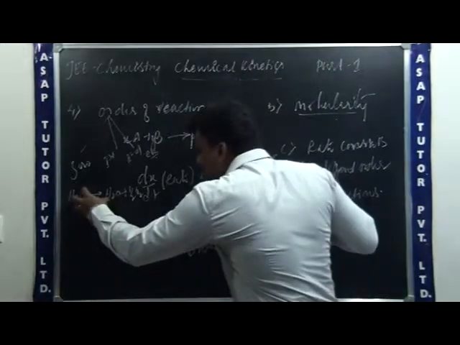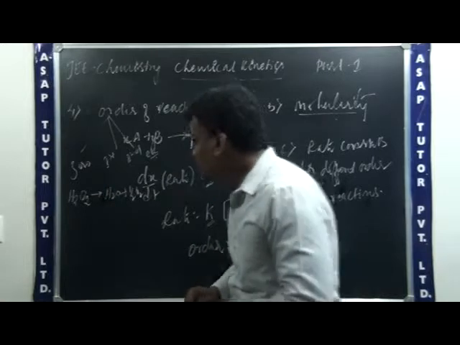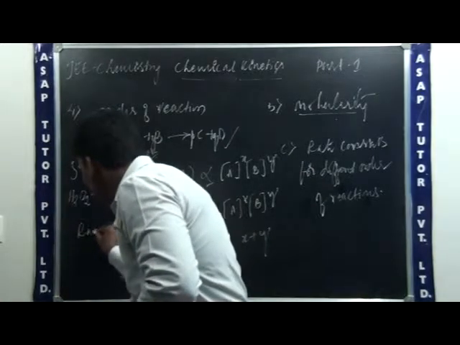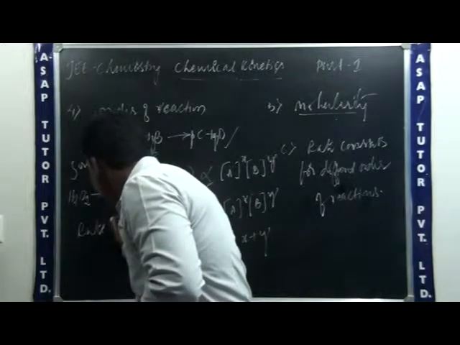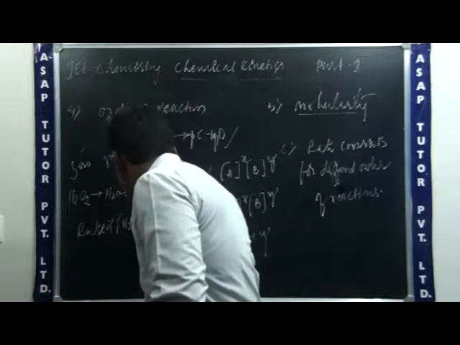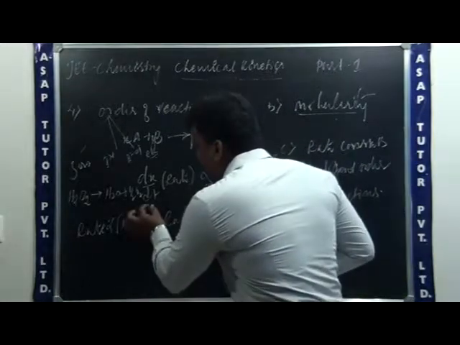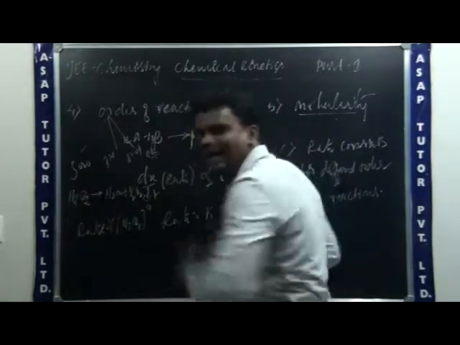This is the experimental rate equation. By the experimental rate equation, rate is directly proportional to the concentration of H2O2 to the power 0. Therefore, this is a very good example for zero order reaction.